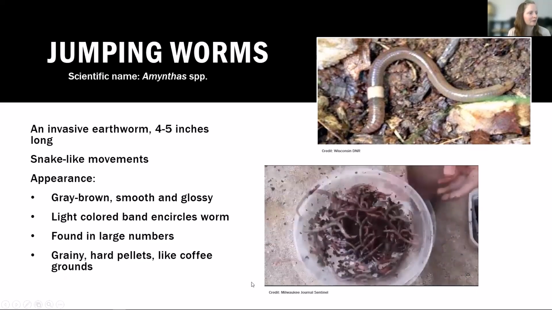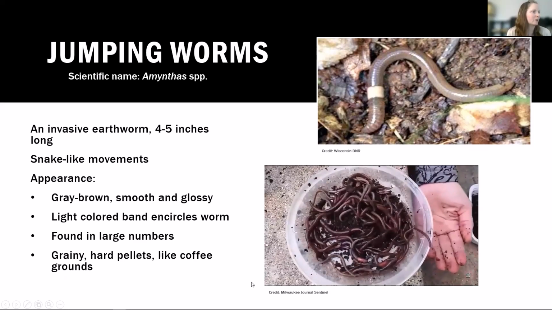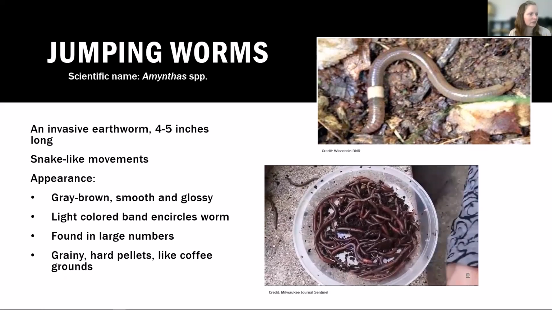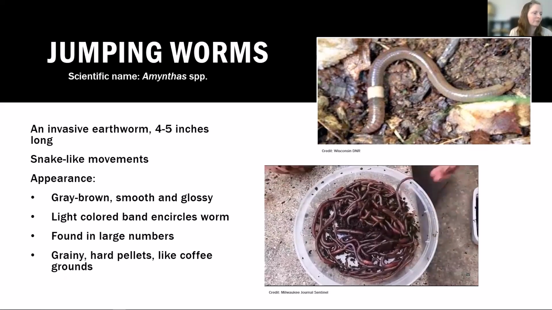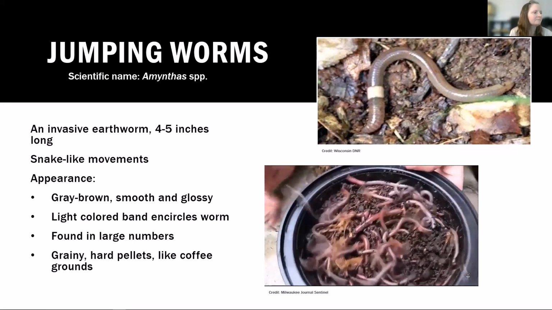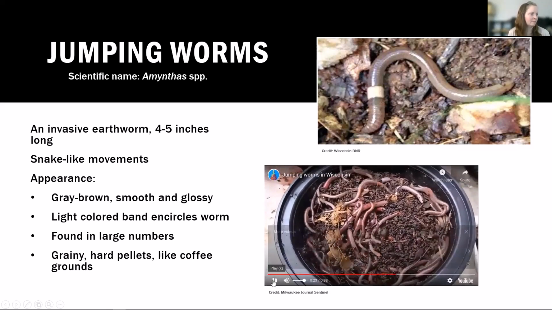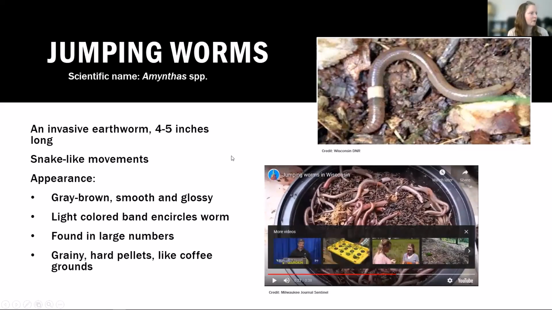If you pick up a European earthworm, they move in those slow kind of contractions, which looks far different than these guys. And they produce these grainy, hard pellets, so the soil becomes like dried coffee grounds. So that's really distinctive as well, I think. Next slide, please.